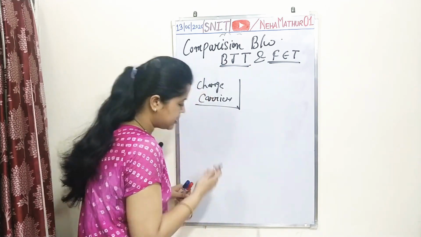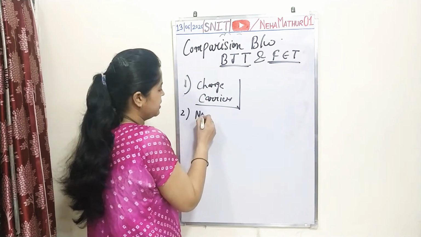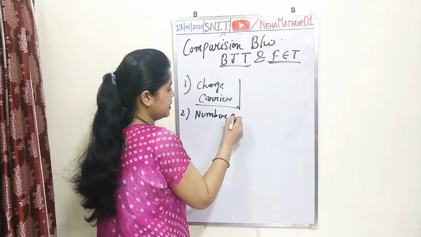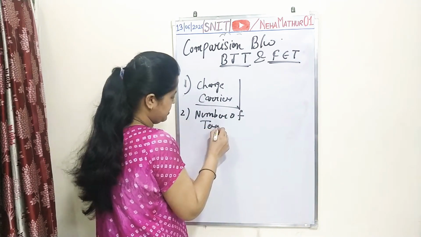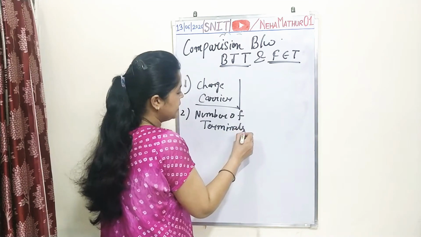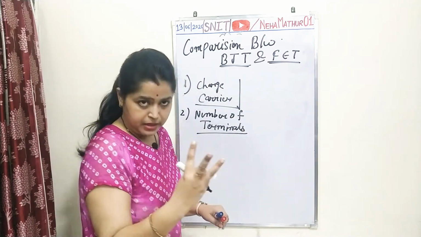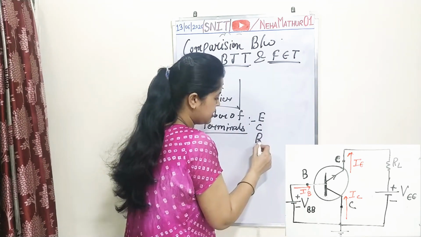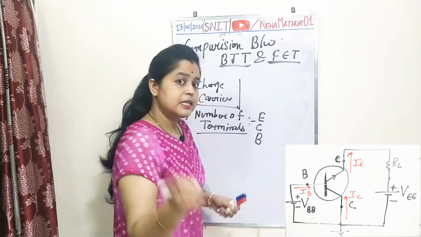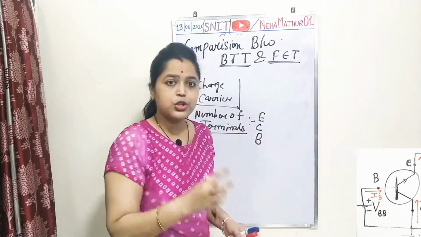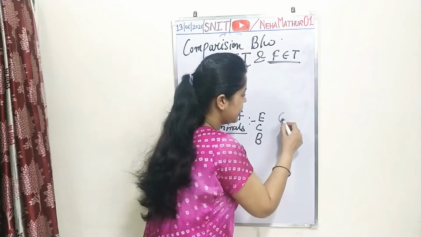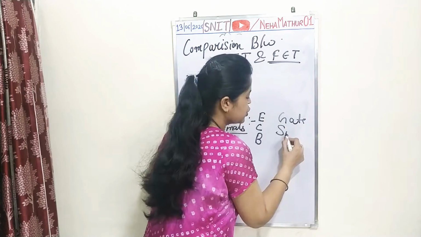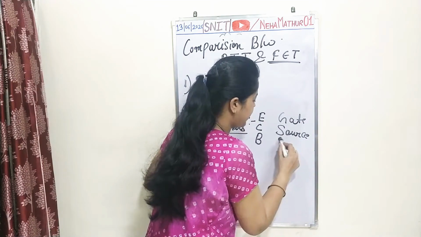The second parameter is number of terminals. As I told you, BJT has three terminals represented by emitter, collector and base. Similarly, FET also has three terminals represented by gate, source and drain.